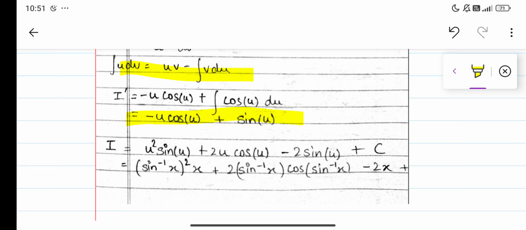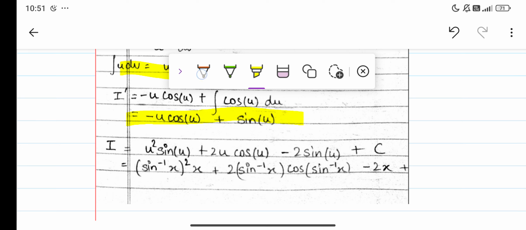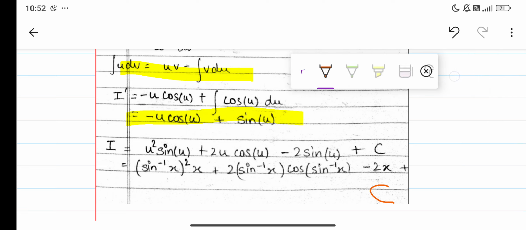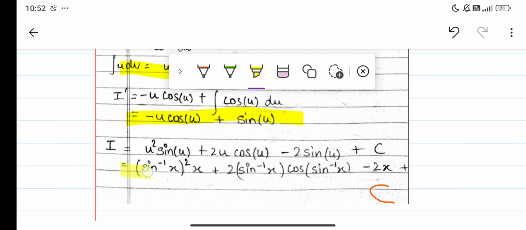Sine of sine inverse x is x, and u squared is sine inverse x whole squared, so we get x times sine inverse x whole squared plus 2 sine inverse x cos of sine inverse x minus 2x, and plus there is a constant of integration, that is c, right? So this is my whole answer with the constant of integration c.